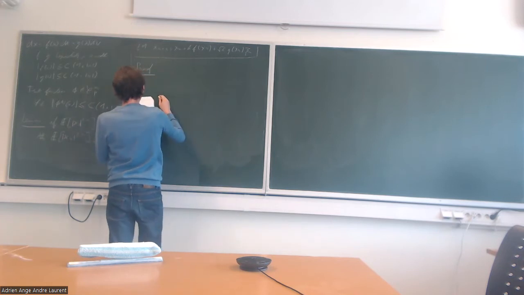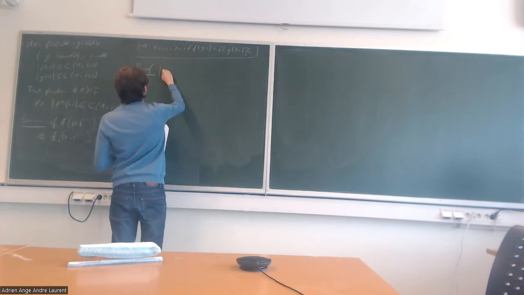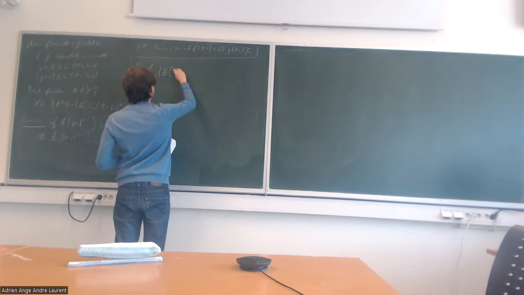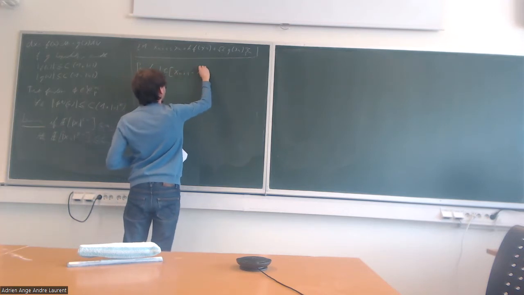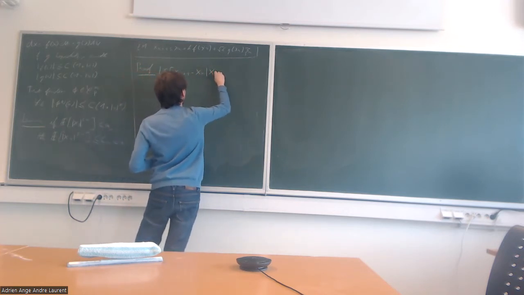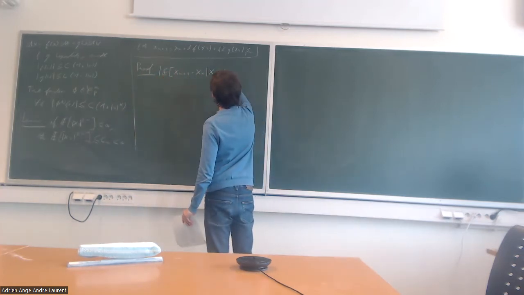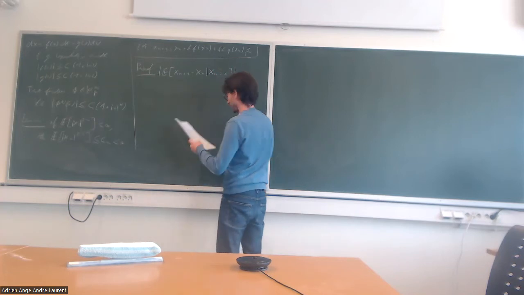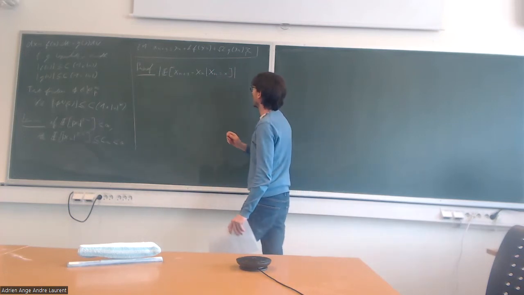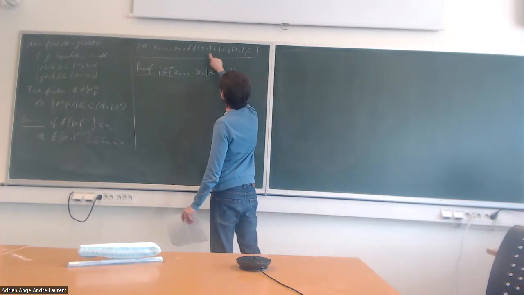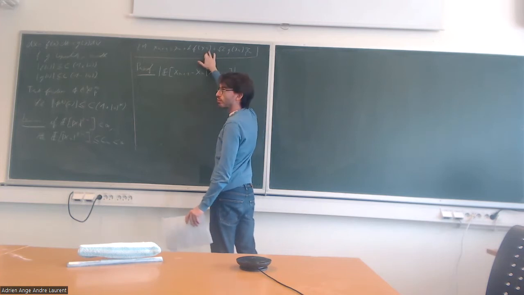Okay. So let us first compute the expectation of xn plus 1 minus xn, knowing xn. So I say that xn is equal to x. And I suppose that xn is fixed. So this is not random anymore.